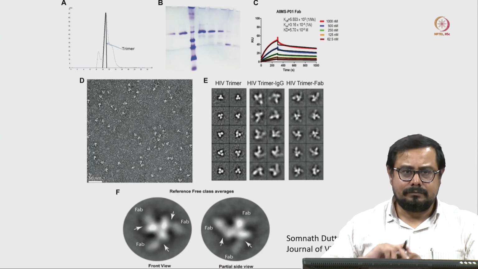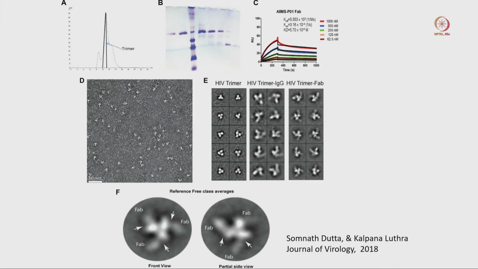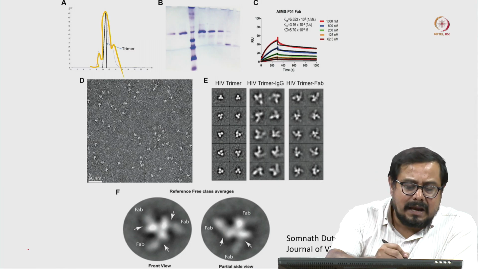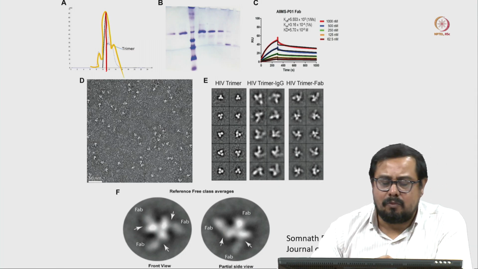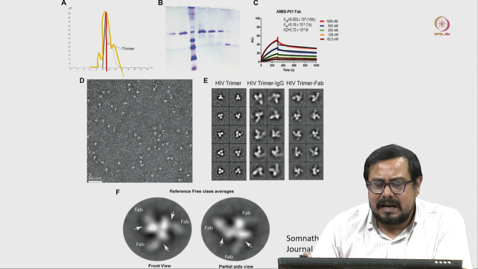Now, as we mentioned previously, mostly we perform the SEC purification. This SEC purification gives us the idea of the area from where we want to collect the sample. And then this is the antigen antibody reaction.